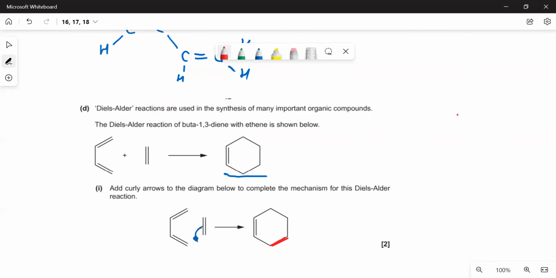You can see that this double bond has gone, and where's it gone to? Well, that has gone to form the new double bond between those two carbons, and then this double bond also is not a double bond anymore, is it? So that has gone like that to form a single bond between those two carbons. So that's what's gone on there.